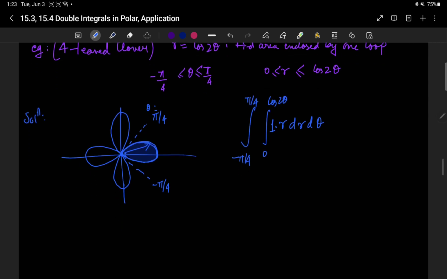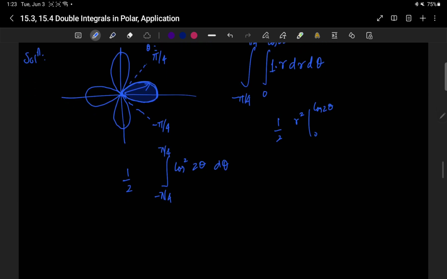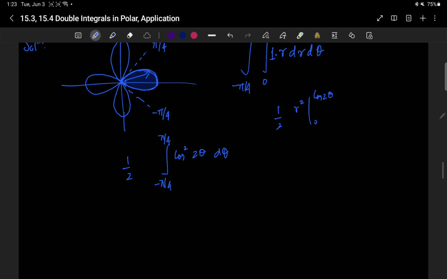The first integral, in terms of r, will give 1/2 r squared from 0 to cosine 2 theta, which gives 1/2 cosine squared 2 theta. As I mentioned earlier, integrals of sine squared and cosine squared of theta, or 2 theta, or 3 theta, or 4 theta, are pretty common, so you should be comfortable solving them.